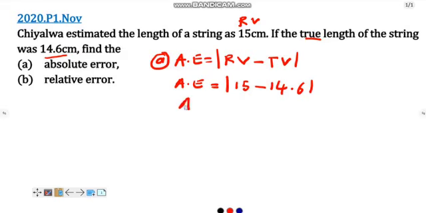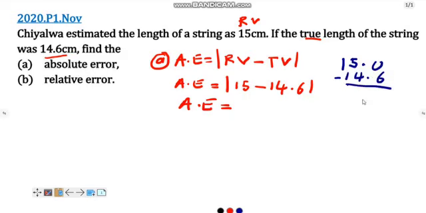So I'm going to write absolute error is equal to. Now here, you can arrange. Remember this is paper 1, so in paper 1, we don't use a calculator. So you can write 15.0 minus 14.6.